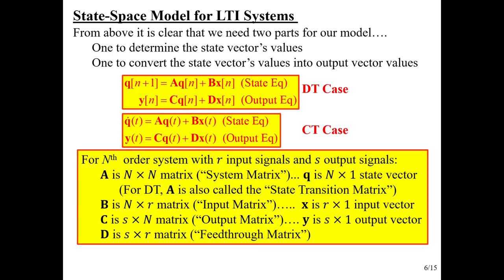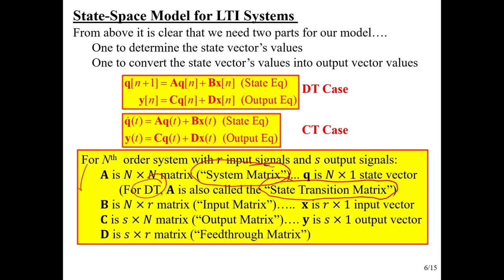So there's our models. Note that in each case, we have two parts, a state equation and an output equation. And then down here, I just give some names and some sizes of these things. So A is usually called the system matrix, although for discrete time, it's also called the state transition matrix.